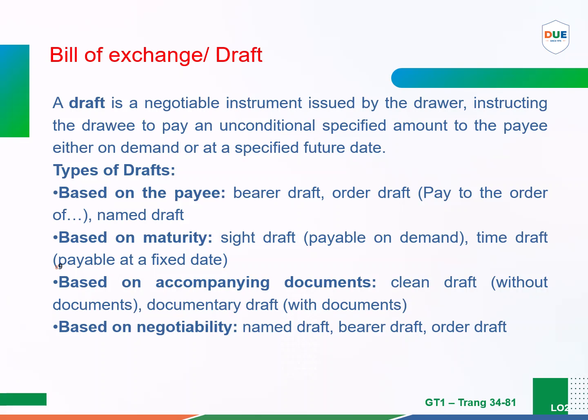Based on negotiability, drafts can be named, bearer, or order drafts, with order drafts being the most freely transferable in the market. Finally, based on the issuer, there are commercial drafts issued by the seller in a sale transaction, and bank drafts issued by banks, which generally offer higher reliability and security in international payments.